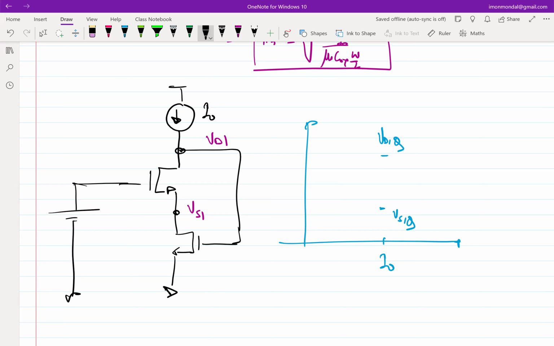Okay. So now let's say I play around with this and let's assume the transistor is in saturation for now. If I increase I0, that is I'm going this side, what can you comment? What's going to happen to VD1 and what's going to happen to VS1? Okay, VD1 increases, and what's going to happen to VS1?